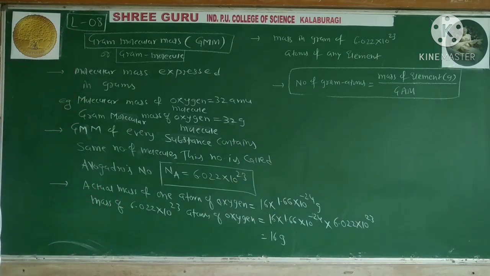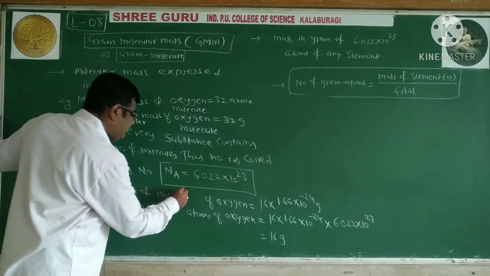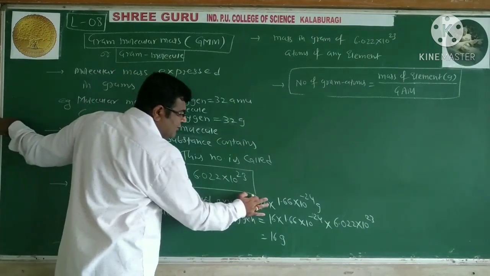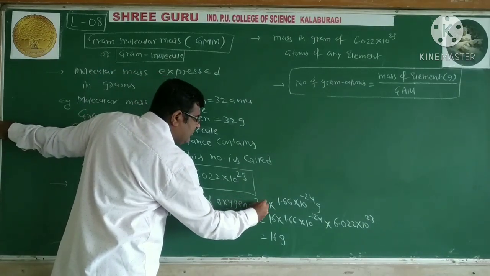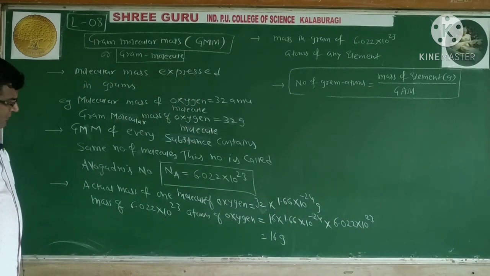Actual mass of one molecule of oxygen is, instead of 16, 32 into 1.66 into 10 to minus 24 gram.